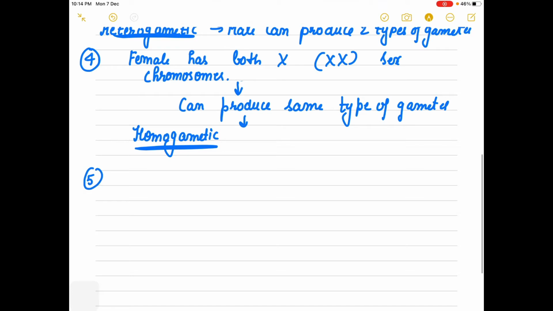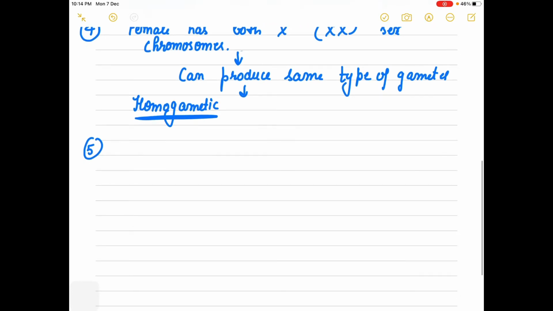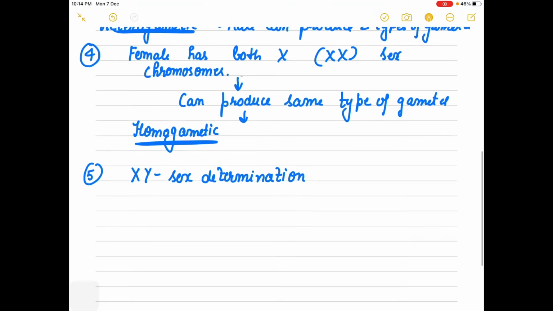The next point is where you can find this XY sex determination. Because female are homogametic, there is no other option, only the male has different types of gametes.